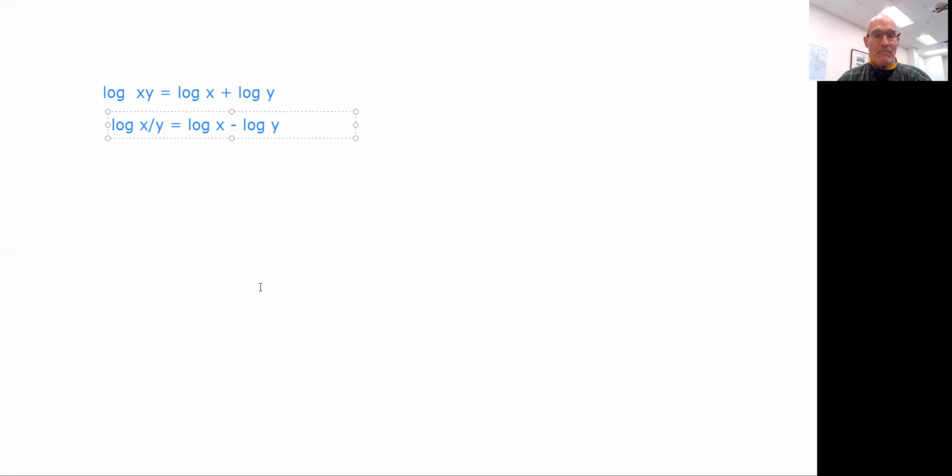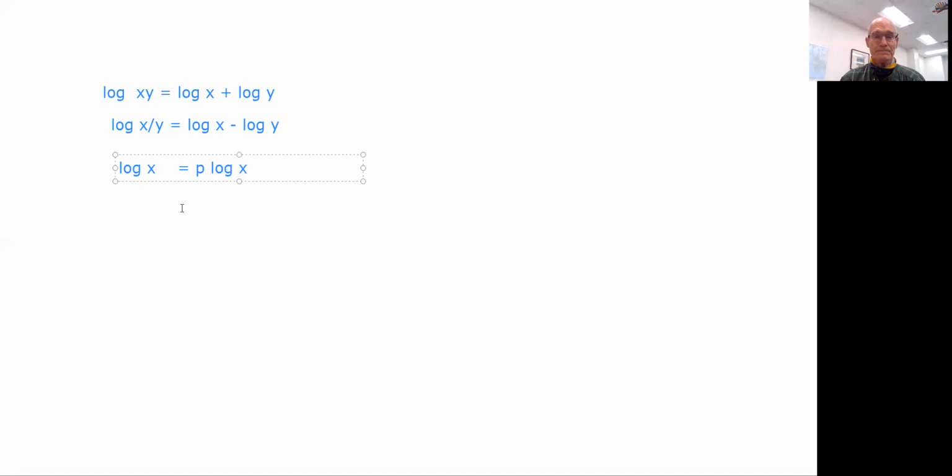And then the third rule says if I have a log of x to a power, and I'll put the power in with a pen here, it is equal to the power, which we call p, times the log of x.